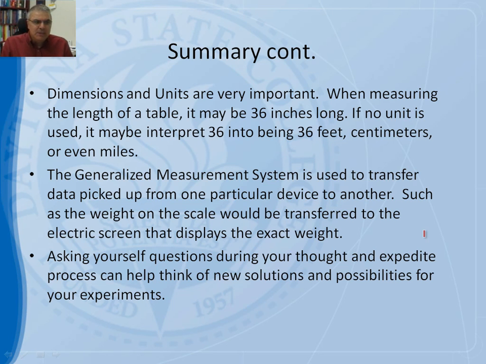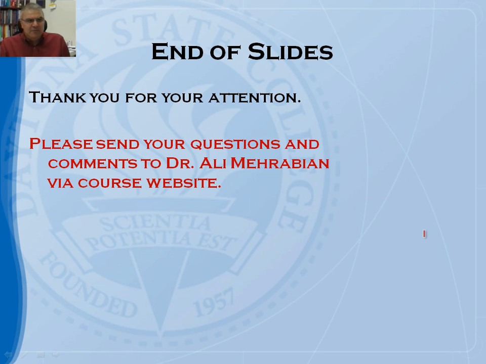We can't just start playing around with devices hoping that we can get some kind of a measurement out of them. We need to define all the variables. What is it that we are looking for, and what do we do with the data after we collect it, and where would those data lead us? What do we try to do? It's very important to plan for that in our minds first, then move into the experiment stage.